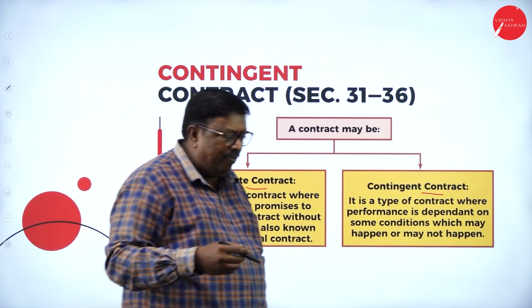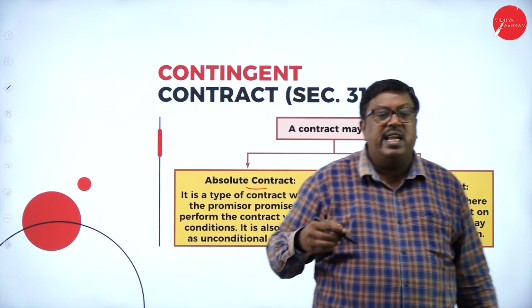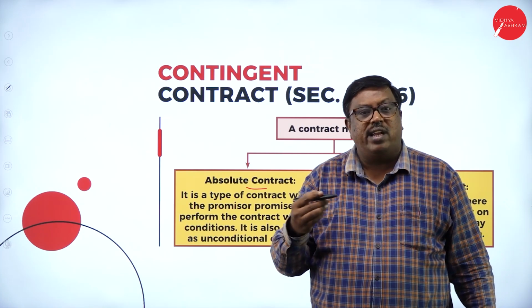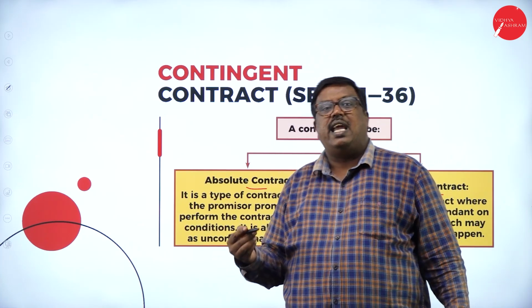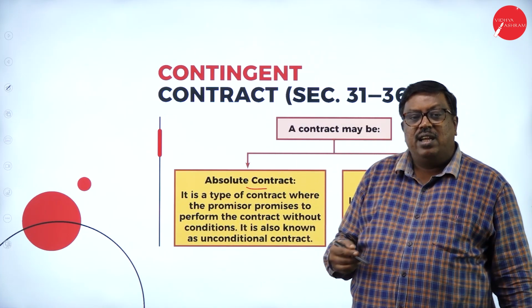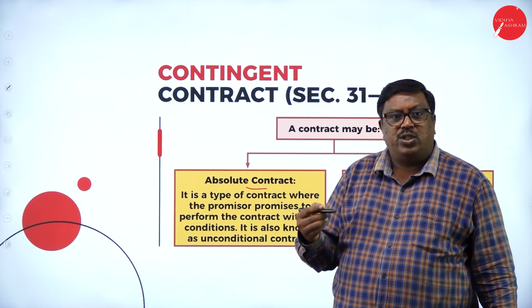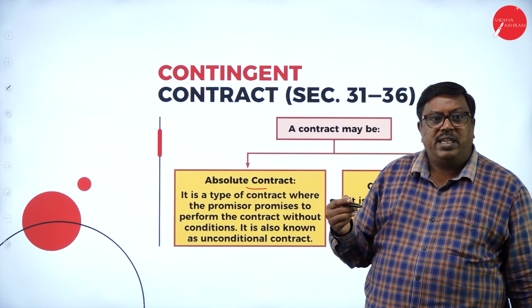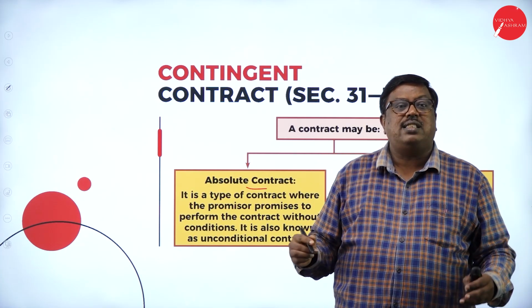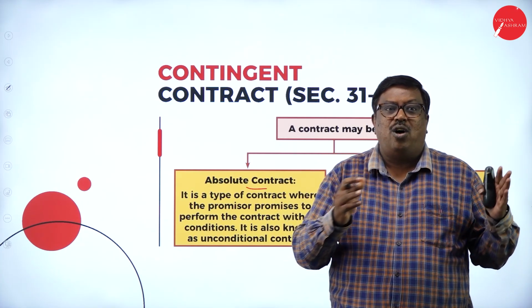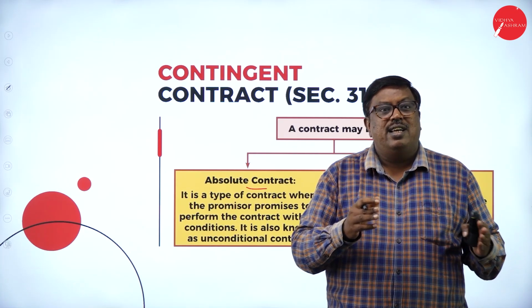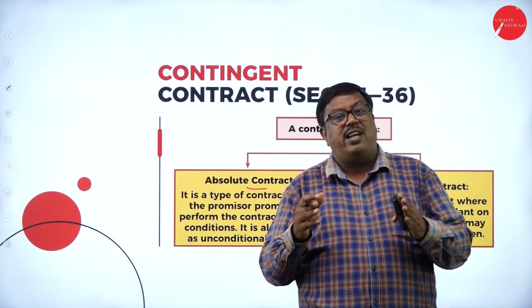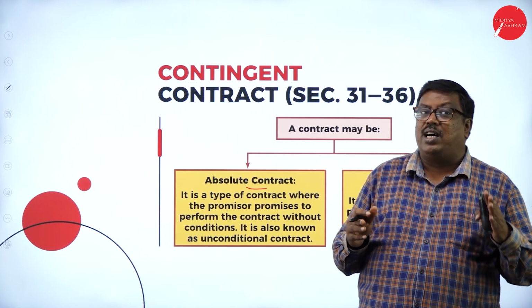For example, when we take general insurance, let us take the example of fire insurance. When we make a fire insurance on our residential property, the risk is covered on the property for the purpose of fire accident only, not for other things.